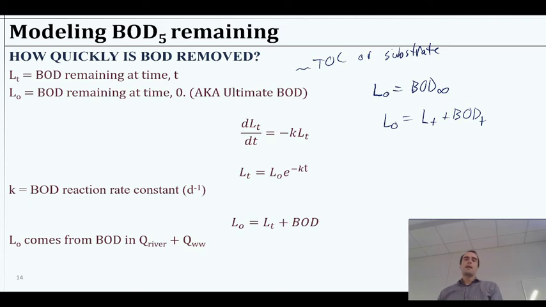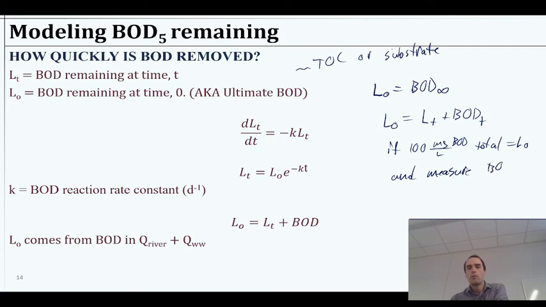So we could say if there's a total of 100 milligrams per liter BOD total, that's going to be L naught. And we measure BOD 5 equals 70 milligrams per liter, then L at time 5 should be 30, right?